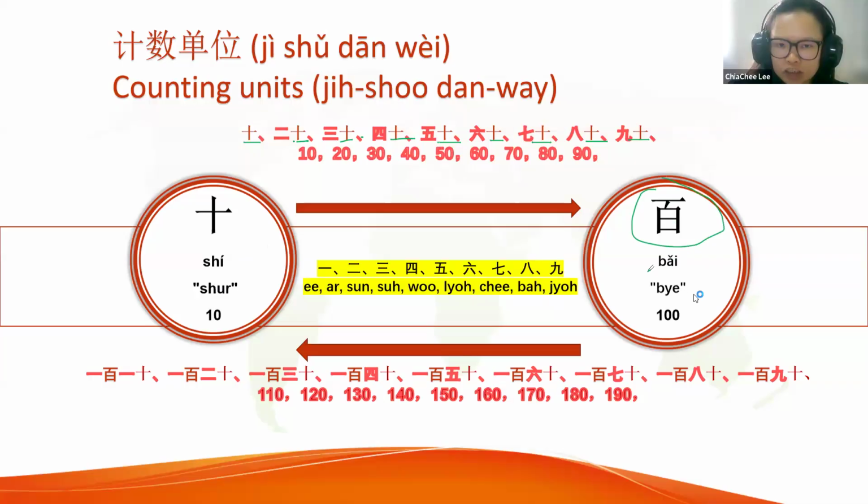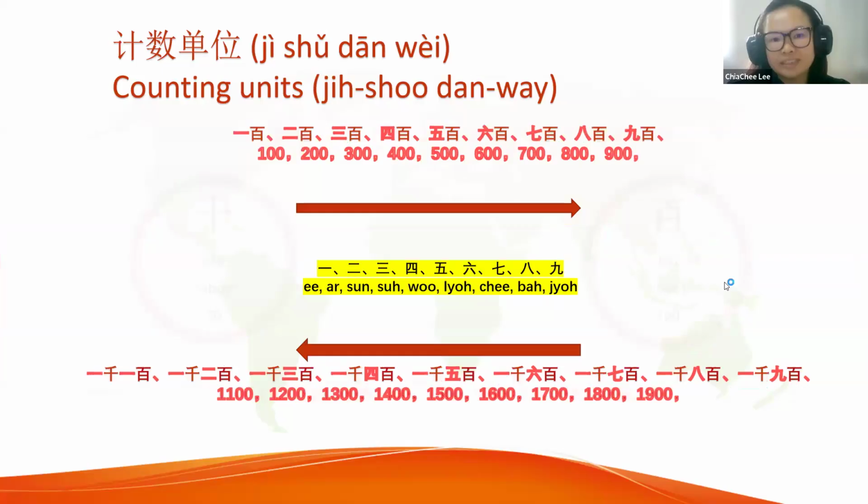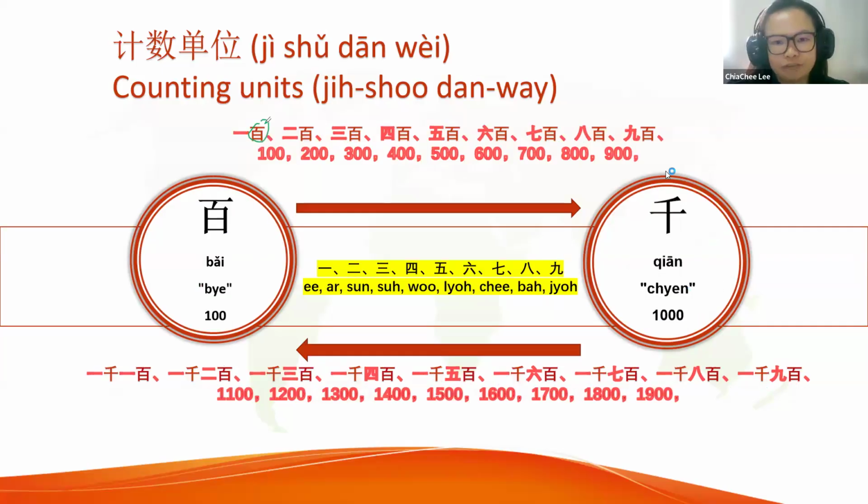Again, the same logic: 140, 160, 170, 180, 190. This 100 is relatively smaller compared to when the 百 is put at the back of the number. Gradually it will move forward to 千, which is 4 digits.